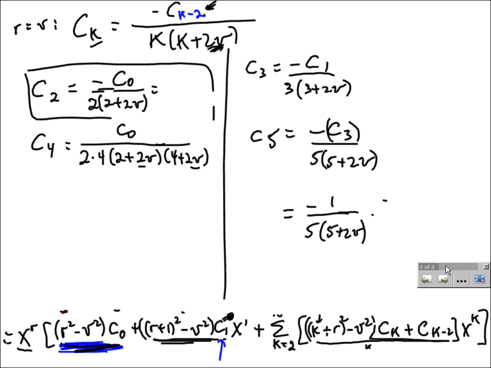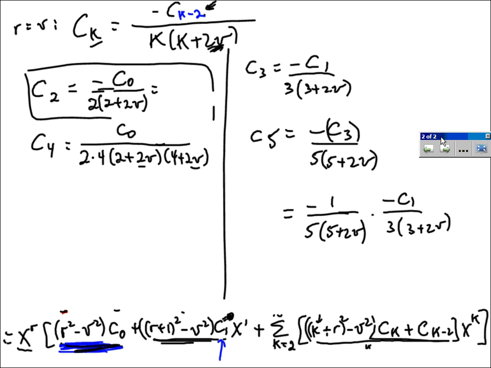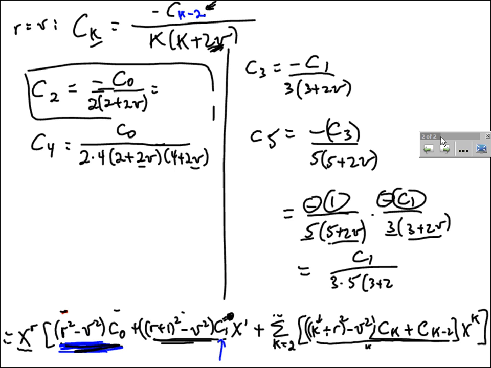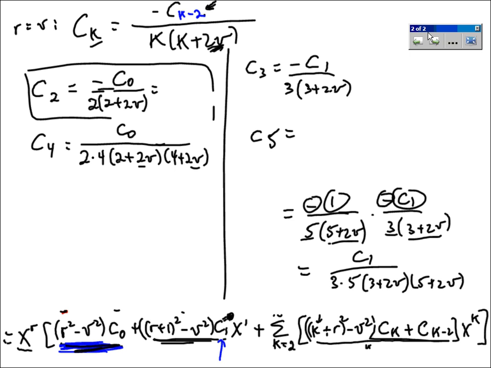But c3 is negative c1 over 3 times (3 plus 2v). A negative times a negative is positive, which I won't write. 1 times c1 is c1. And I'll write 3 times 5 times (3 plus 2v) times (5 plus 2v). And that is exactly what c sub 5 equals.